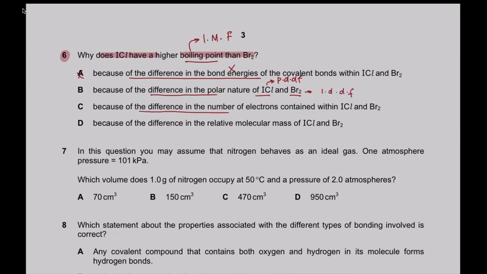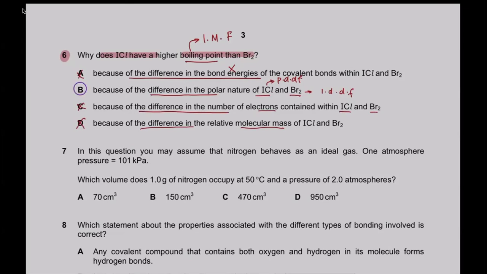Because of the difference in the number of electrons containing ICl and bromine, yeah, but the force is going to be different because of the electronegativity. If both have the same type of intermolecular force, then that can be an answer. Otherwise, it's wrong. Because of the difference in the relative molecular mass, no, molecular mass does not have any impact. So we are left with only option B. So B is the correct answer.